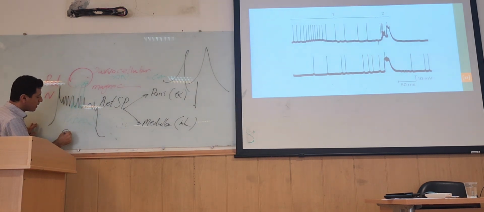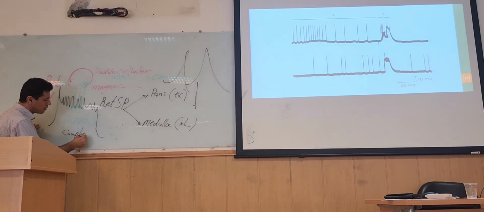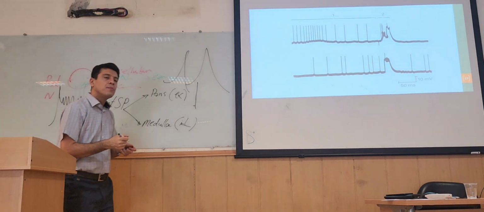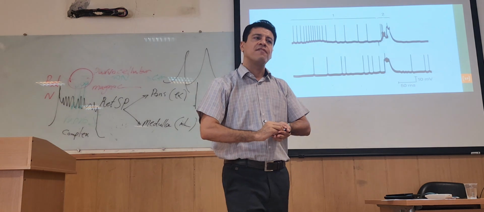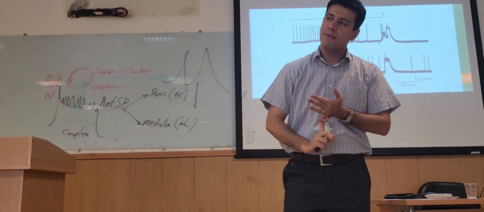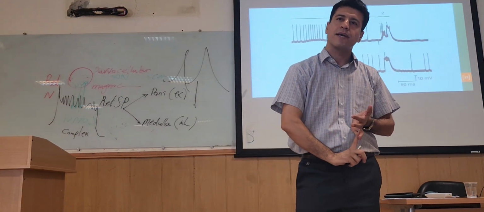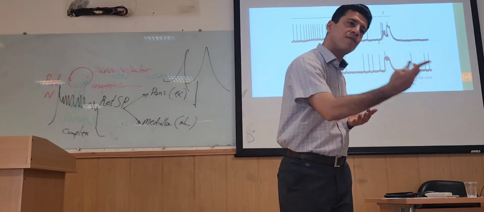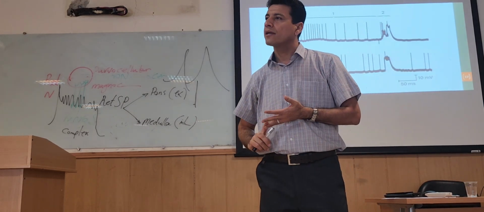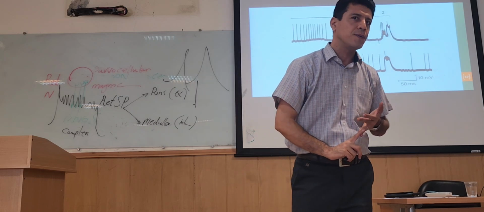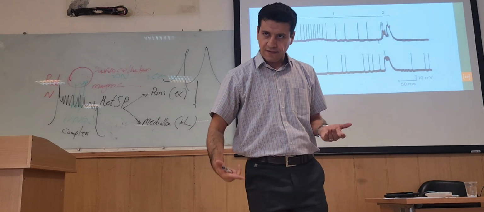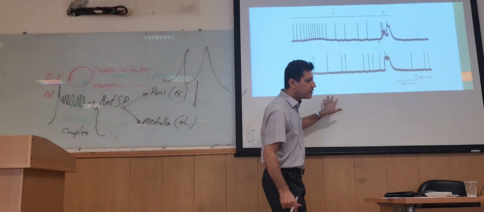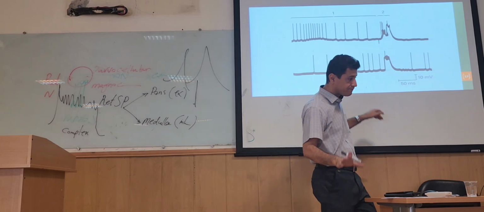We call this complex spike. So, Purkinje neurons may have two types of activities: simple spike, complex spike. Simple spike in response to mossy fiber excitation, complex spike in response to climbing fiber activation. Right? So they have physiological roles.